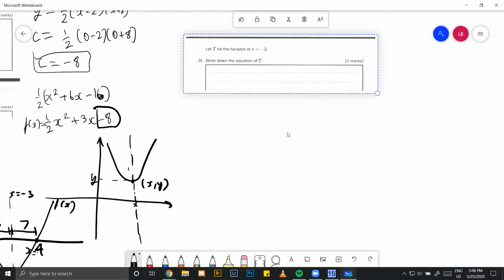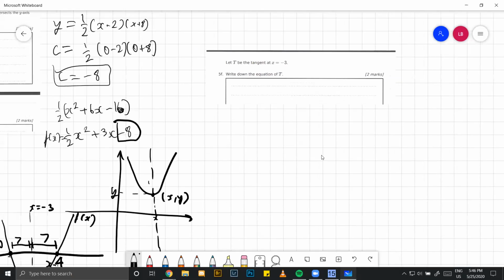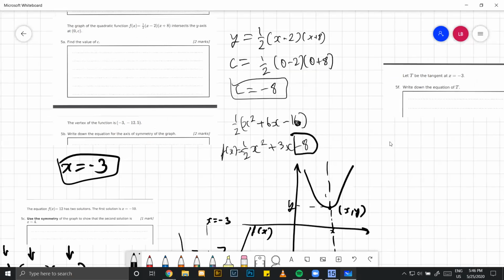Let t be the tangent at x equal to negative 3. Write down the equation of t. The tangent at x equal to negative 3.